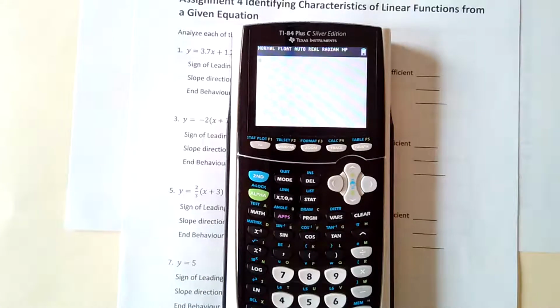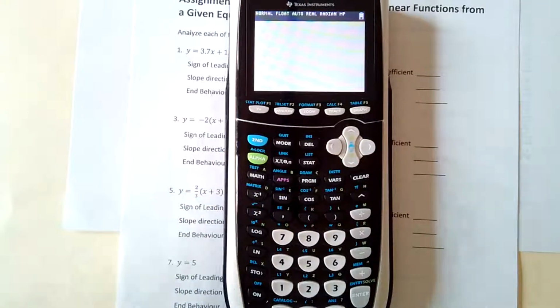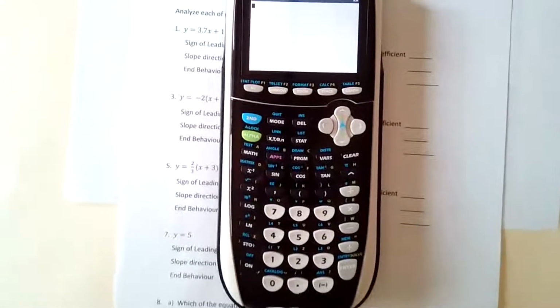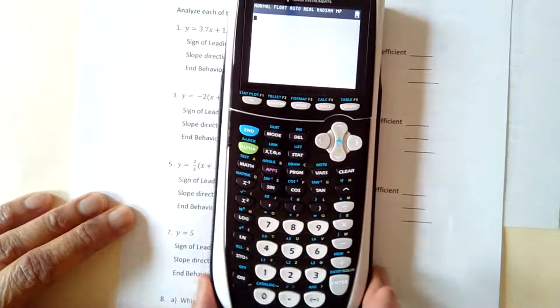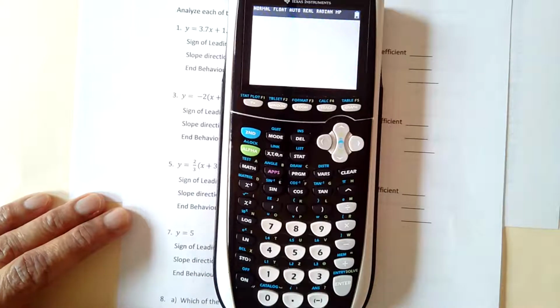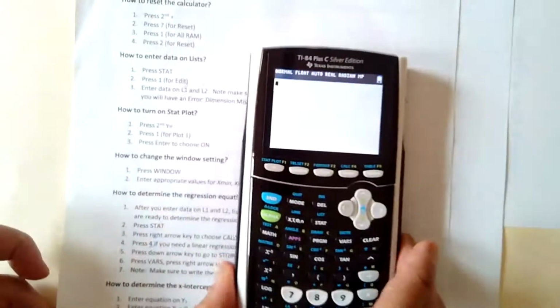So recall, if you're using the graphing calculator, you may want to refer to your instruction sheet.